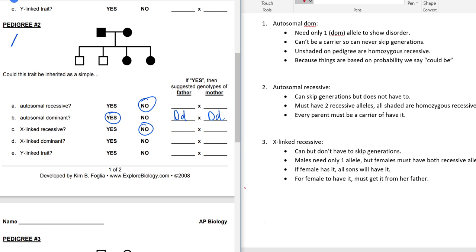Finally, X-linked dominant. So in this case, having the disorder would be dominant, and in order not to have the disorder, you would have to have two recessive alleles.